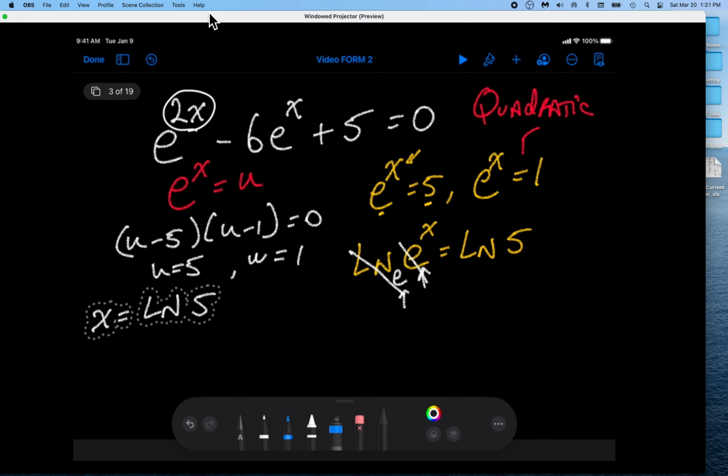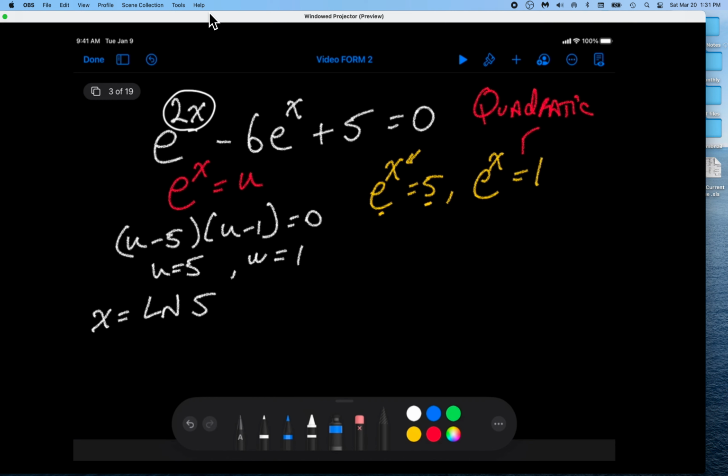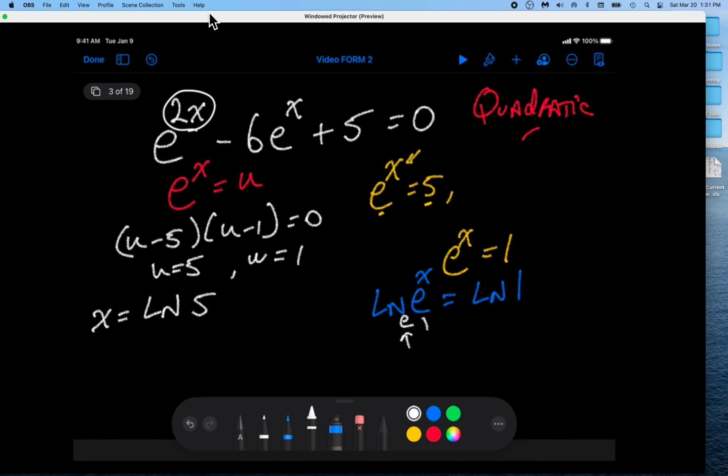That is one solution. The next one is e to the x equals 1. We do the same thing and take the natural log of both sides. The natural log of e to the x equals the natural log of 1. There's a hidden base e here. Whenever the base of the logarithm matches the base of the argument, they cancel out and you are left with the exponent.